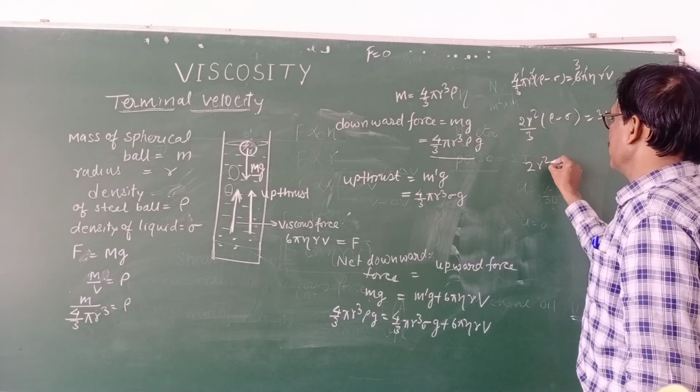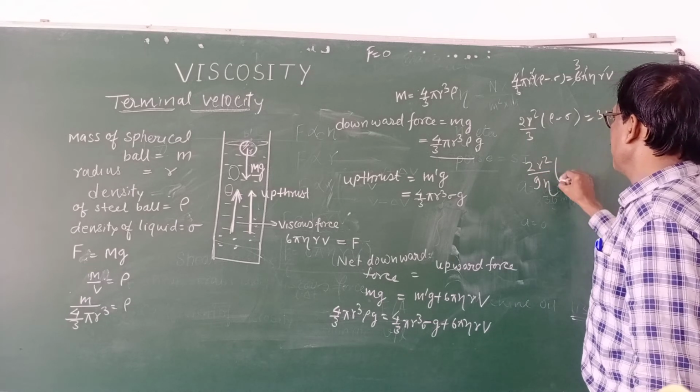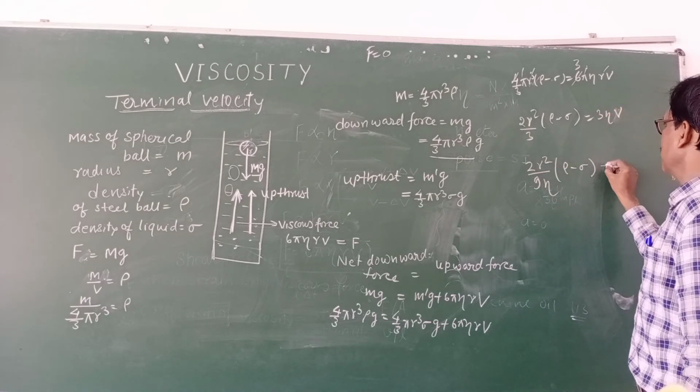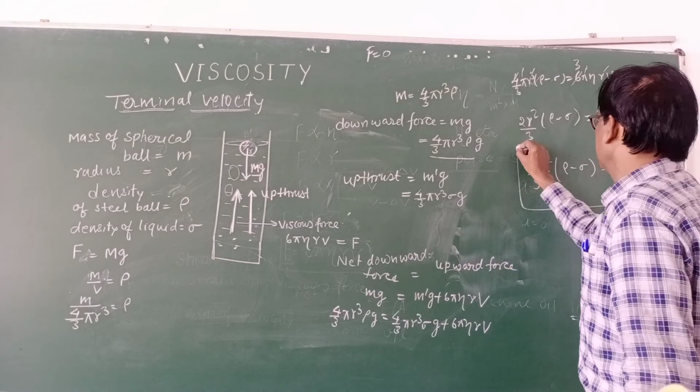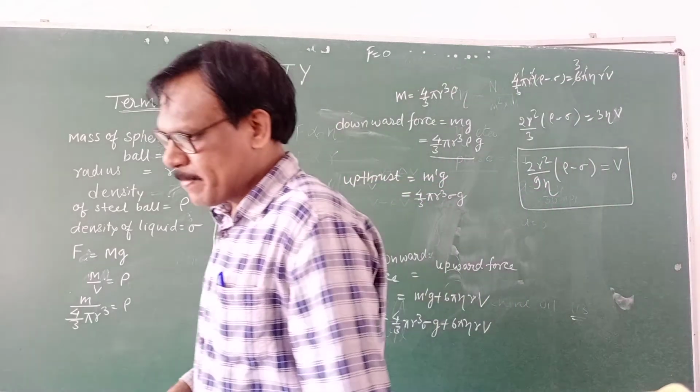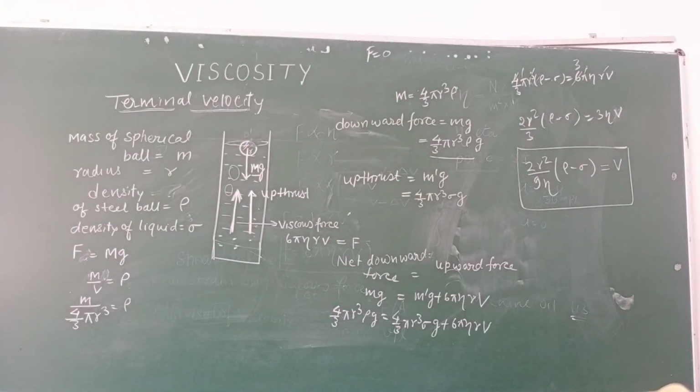So 2 r square (rho minus sigma) g by 9 eta is equal to v. And that will be the final derivation for the terminal velocity.